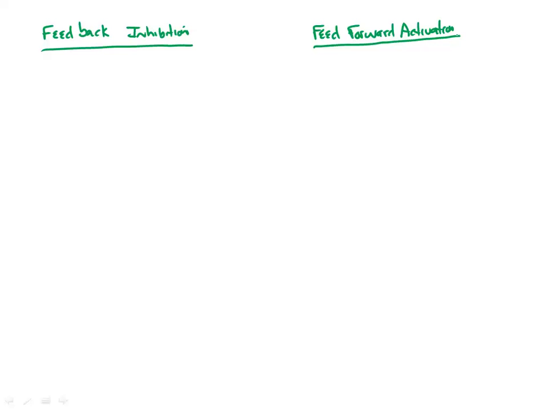And so what feedback inhibition generally says is that if there's an excess product, it acts as an inhibitor to an earlier step.